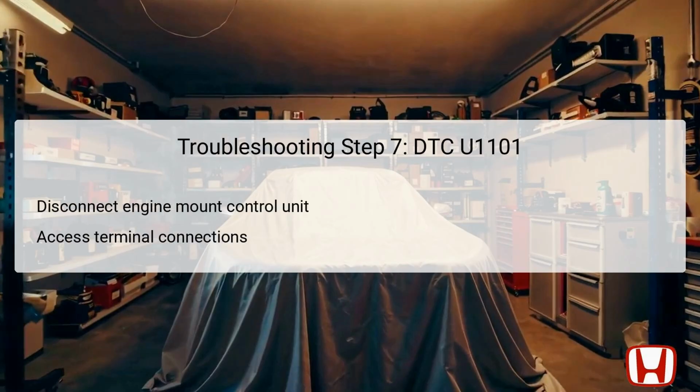In this troubleshooting step, the technician will disconnect the engine mount control unit by removing the 16P connector associated with it. The engine mount control unit is pivotal in managing the engine's vibration and its relationship to the vehicle's suspension stability.